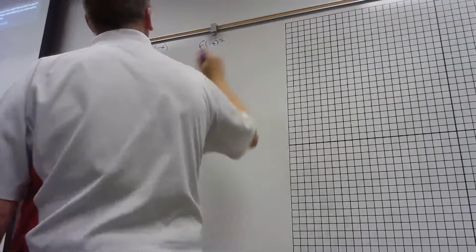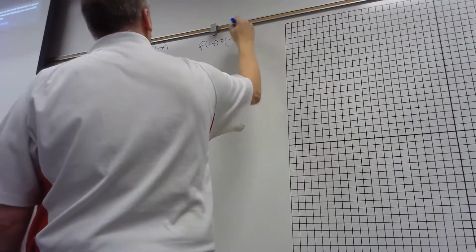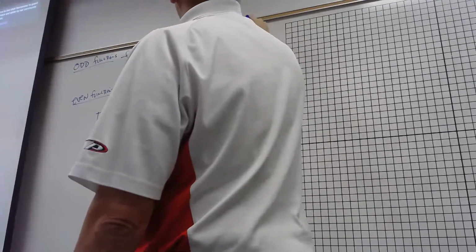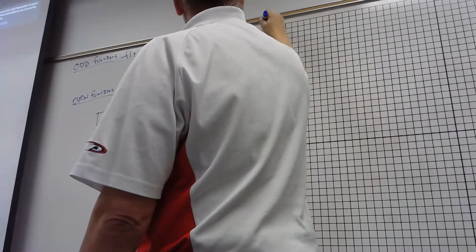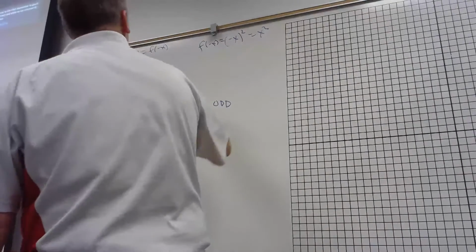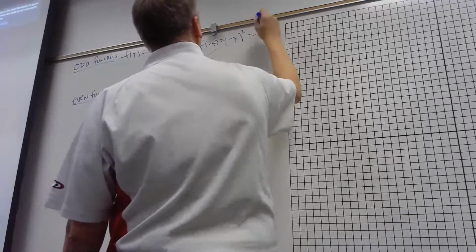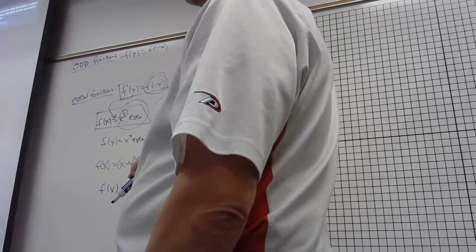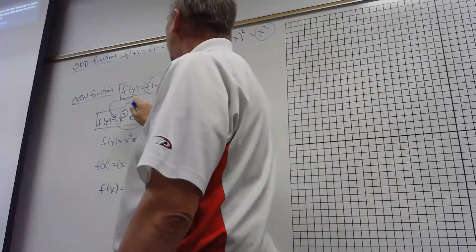It would be negative x quantity squared. Can you simplify that? It would be x squared. F of x is this, correct? Does that equal f of minus x? Yes. So therefore, I was correct.